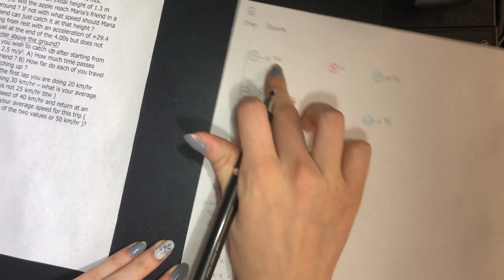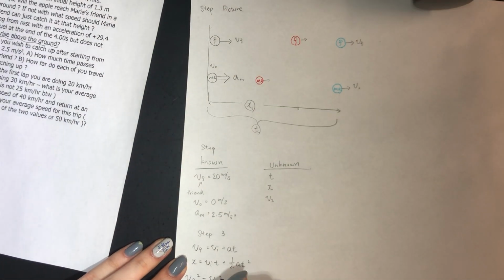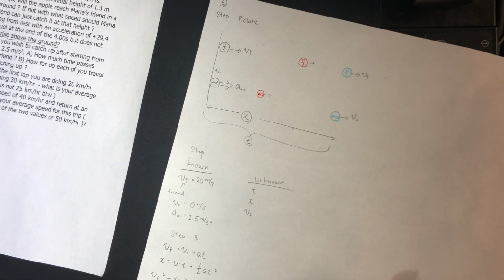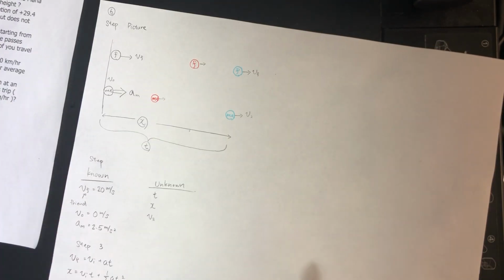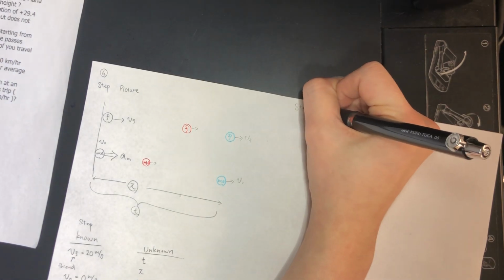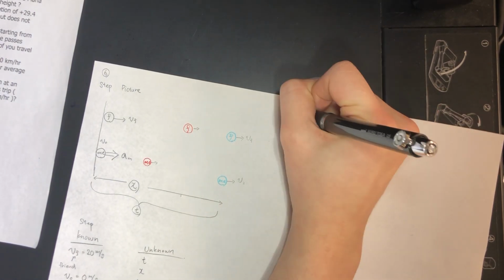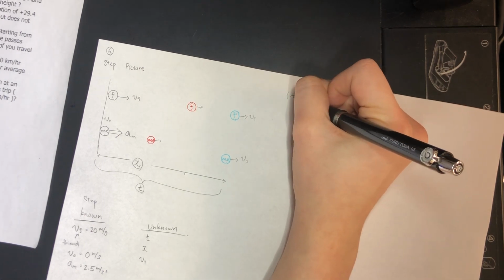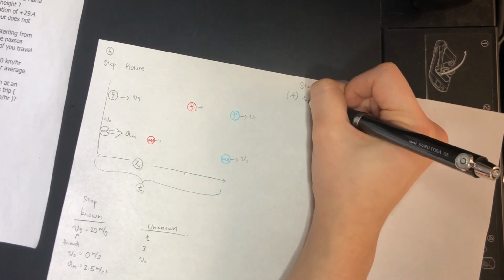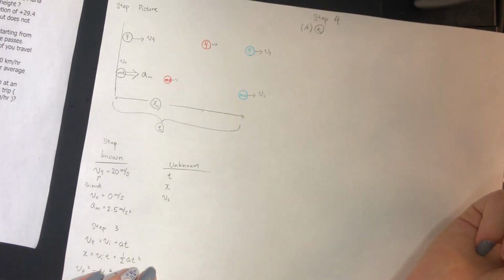I should have picked something different. Step 4, we need to solve for, what are we solving for? How much time passes? We want to solve for t.